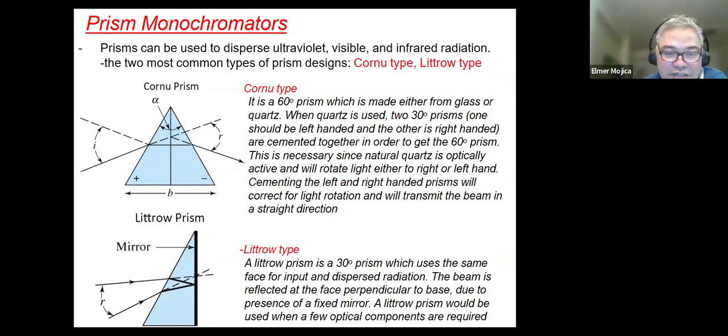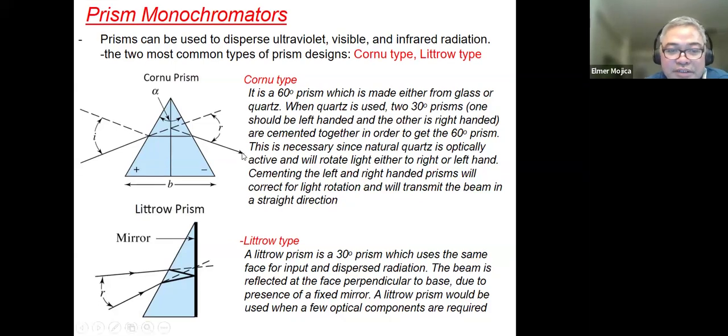So what is the difference between the Cornu versus the Littrow? It has something to do with the design, or with how the light passes through here.